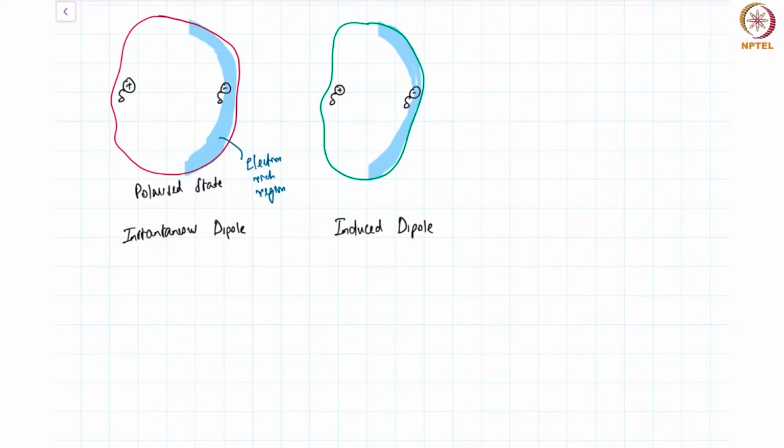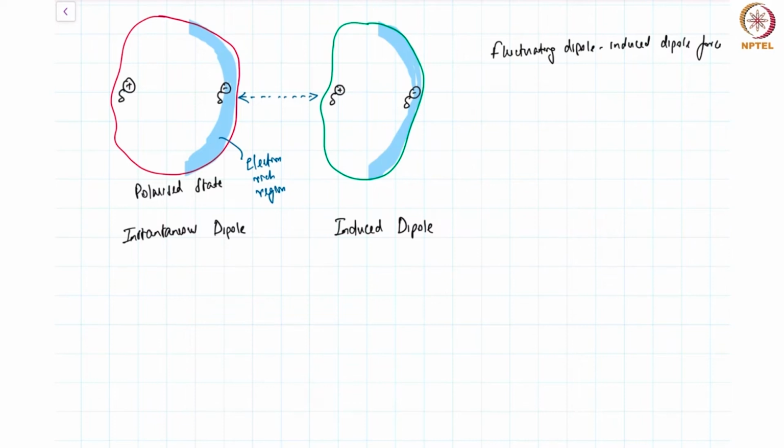Now, because of these dipoles that are created for brief instants of time, we end up getting a net attraction between these dipoles, right? So this force can also be referred to as a fluctuating dipole induced dipole force.